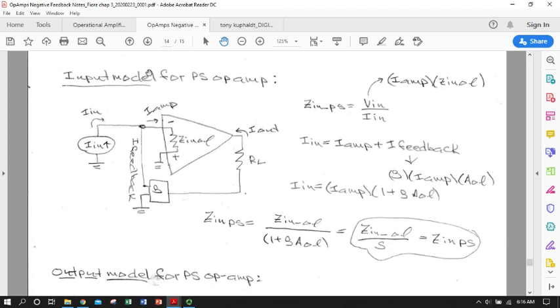So not surprisingly, when we put a negative feedback network on an op amp and we arrange it in parallel series, we reduce the input impedance by the sacrifice factor rather than increasing it.